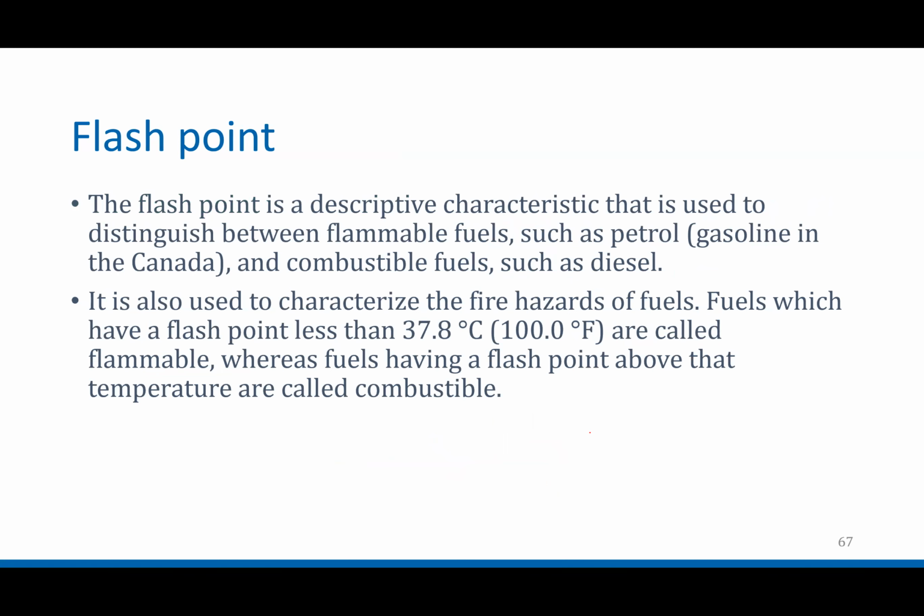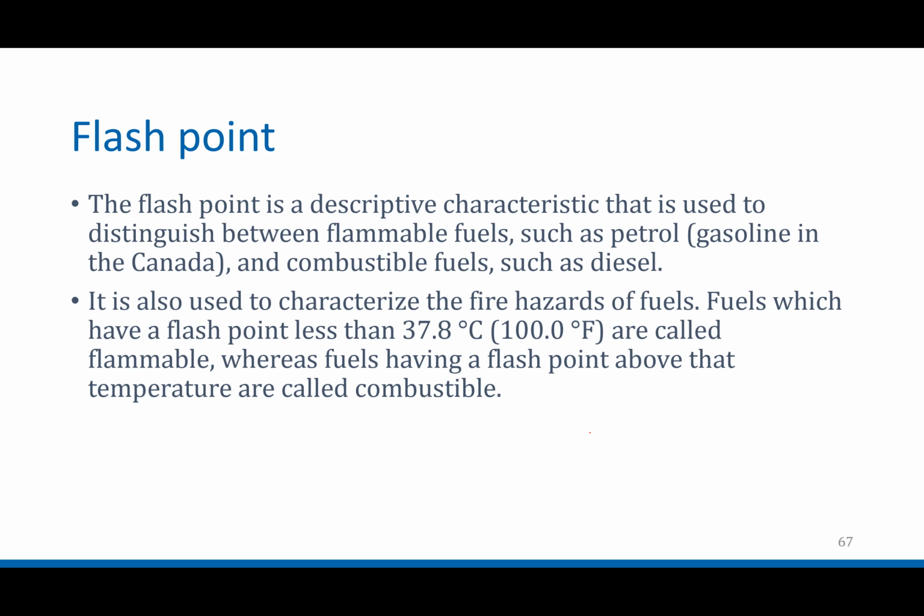The flash point is a descriptive characteristic that we use to describe the differences between flammable fuels like petrol or diesel. In Canada, we call petrol gasoline, but it's all the same. You might hear people talk about fuels that way, but mostly it's used, in my experience, to characterize fire hazards of fuels.